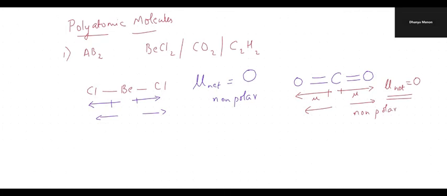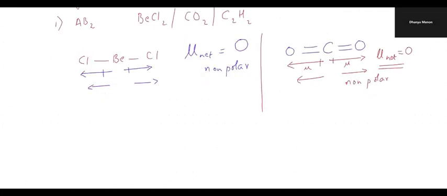Similarly, if I have ethyne, C triple bond C, H, H. All these structures you will be learning in grade 11, so don't worry as we move on. Usually, hydrogen is less electronegative compared to carbon, so the arrow is from less electronegative to more electronegative.